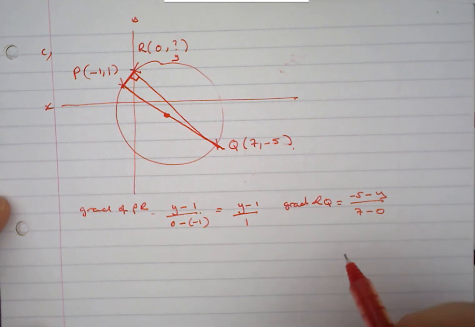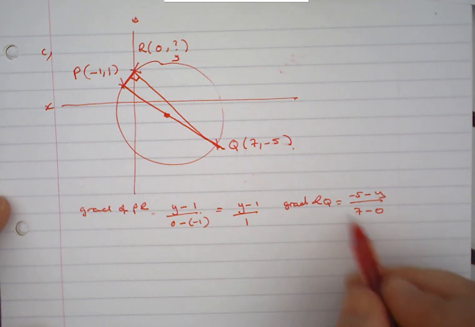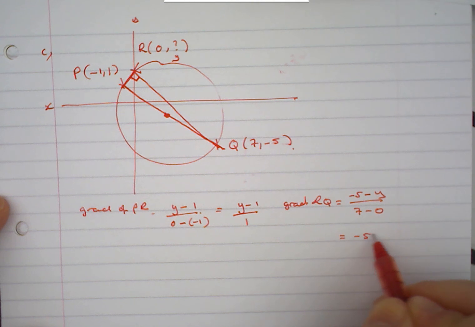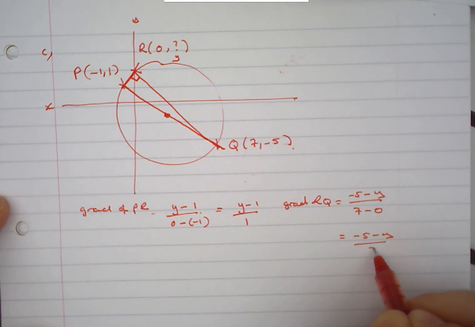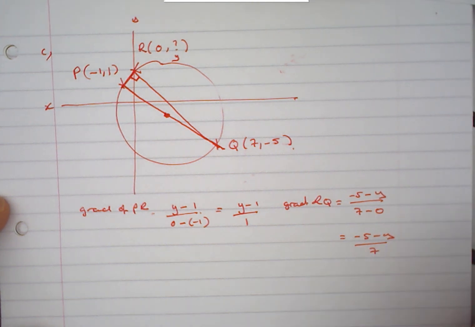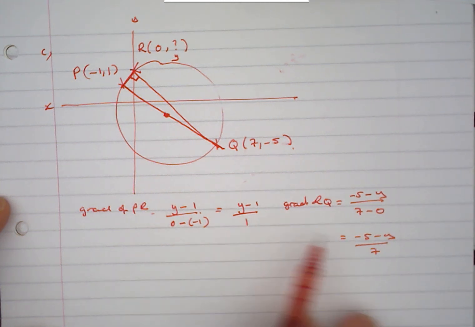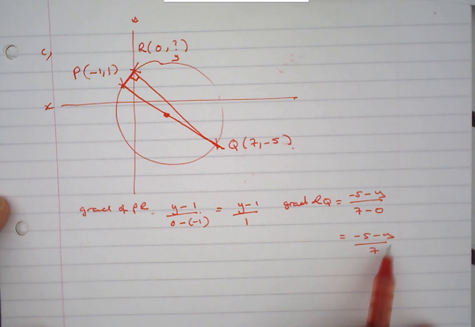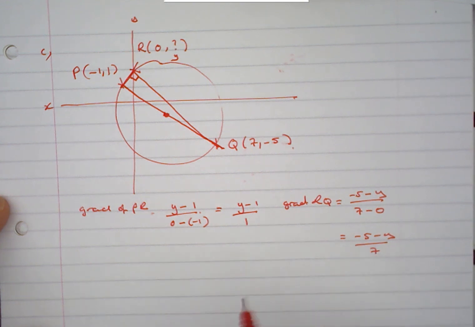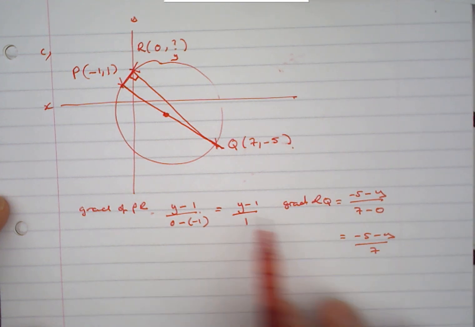They're the two gradients, so this simplifies to minus 5 minus y over 7. And there are various different ways. You can either think of this one as the negative reciprocal of this one, or that these two multiply together to give you minus 1.